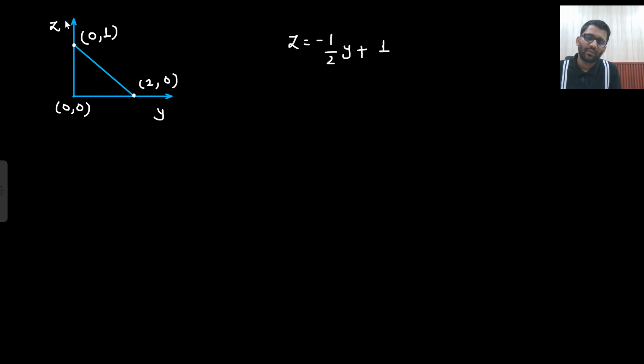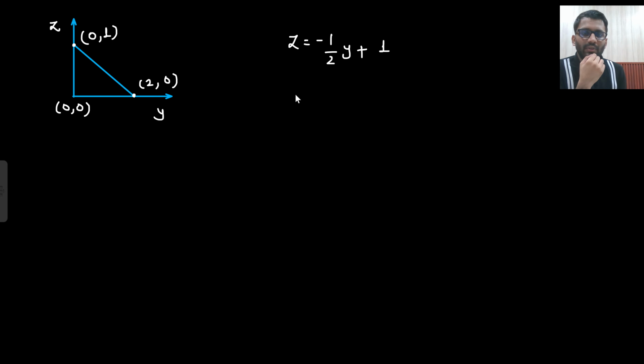So what will be the equation of this line? Z equals the slope times y plus how much you cut on the z axis. The slope is minus 1 by 2, and the intercept is 1. This is y equals mx plus c: slope and how much you cut on the axis.